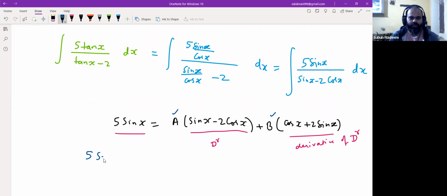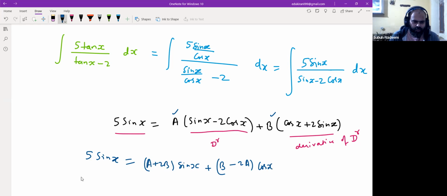Like we write 5 sin x as a sin x, and from here 2b sin x, so (a plus 2b) sin x. And for cos x, it is b cos x minus 2a cos x. Now, if you equate the trigonometric functions' coefficients, the sin x coefficient is 5, and here it is a plus 2b, and the cos x coefficient is 0, here it is b minus 2a.